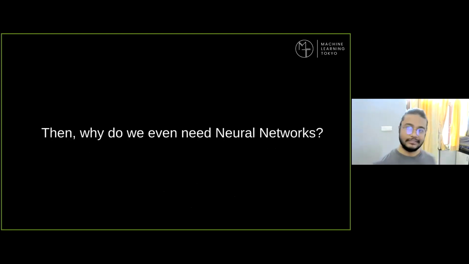So one might wonder, why do we even need neural networks? Because we can essentially model nonlinear data by just what we have, right? So for example, by just using a linear model and just injecting basis functions into it, right?